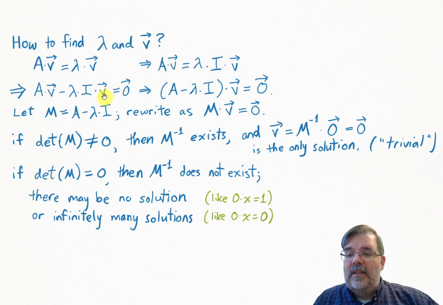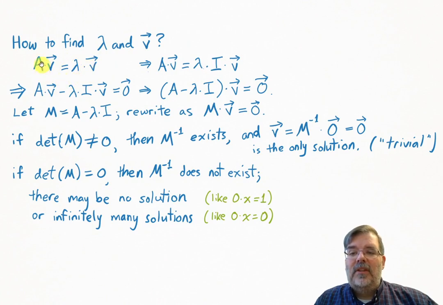So on the left-hand side, we'll have A times vector v minus lambda times I times the vector v. And on the right-hand side, well, we have nothing left, but we have to write something. What we have left is the 0 vector. Both sides of this equation are vectors.